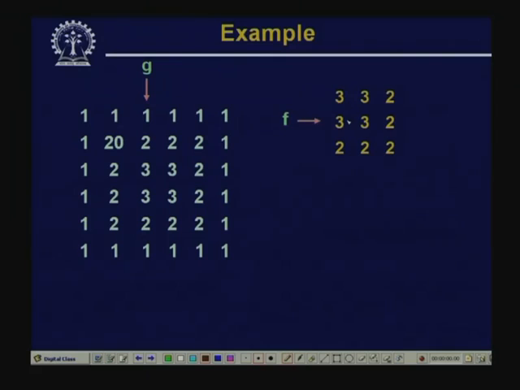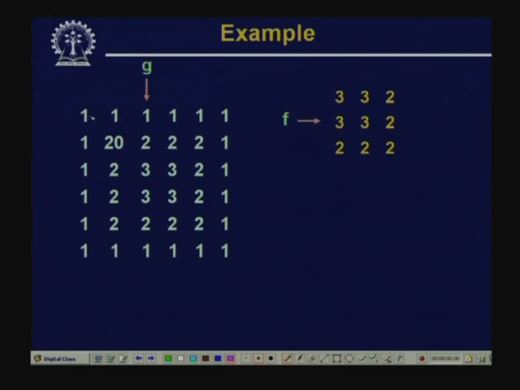So, initially let us put this template at the leftmost corner. Our template is 3 3 2, 3 3 2, 2 2 2, so let us place the center of the template at the location at which we want to find the similarity measure.